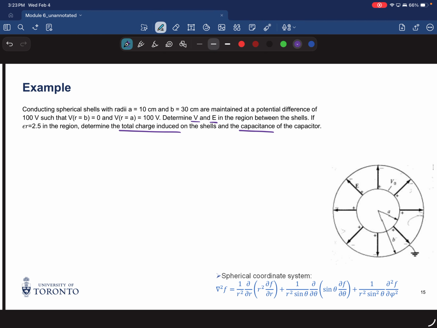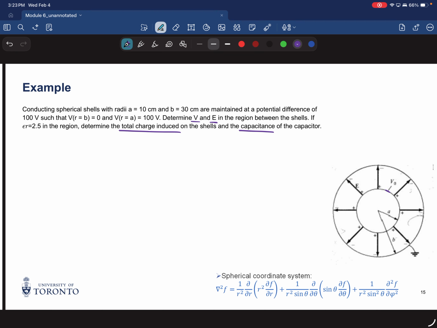Okay, so we're going to start with that. Any suggestions? How can I find V? Use the Laplacian. Yeah, whenever you see boundary conditions, whenever you've been given two voltages, here we've been given that on the conductor with radius A, voltage is V naught, on the conductor with radius B, voltage is 0.